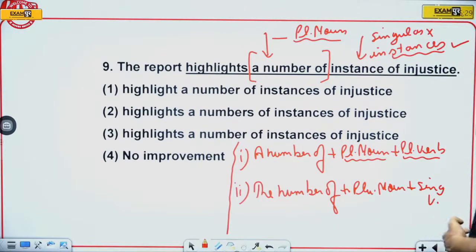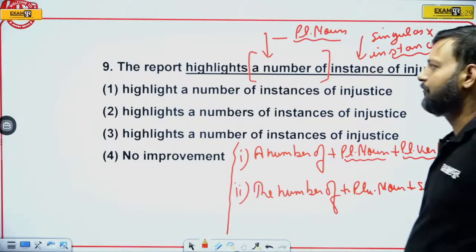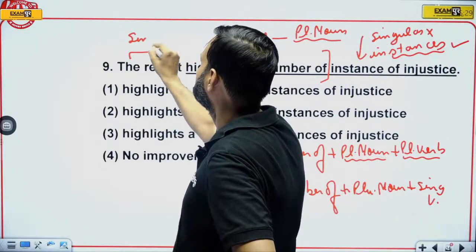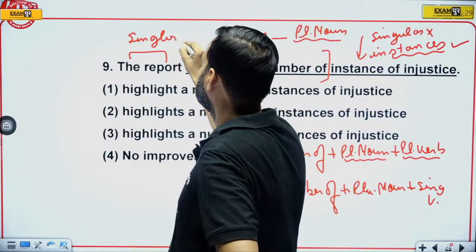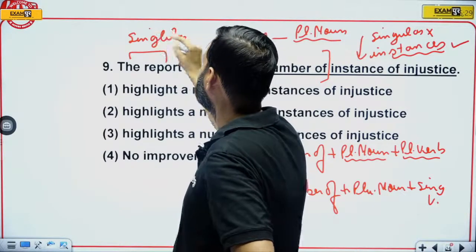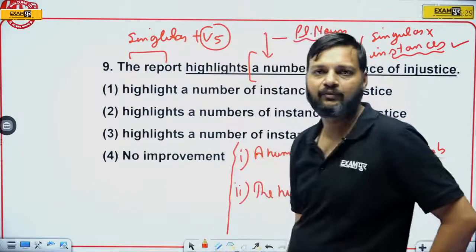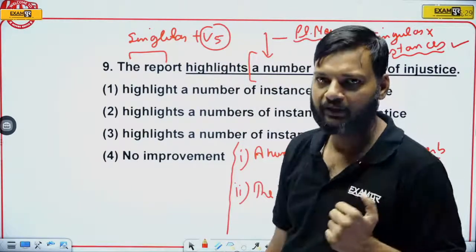So a number of instances. Now one more thing, the report is singular, so it should have a singular verb. Singular verb means the first form of verb with s or es.